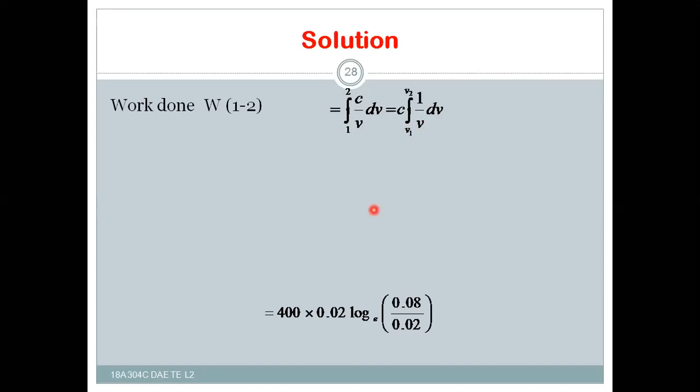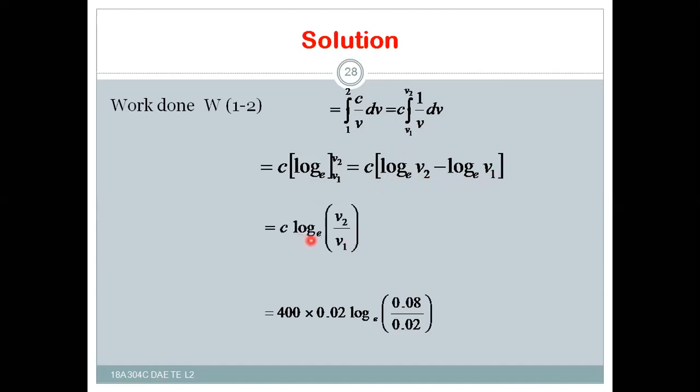That is, finally we will get C times log base e V2 minus log base e V1, that is C log base e V2 by V1, and then C is equal to either PV or P1 V1 or P2 V2, you can take any. So P1 V1 log base e V2 by V1. Finally, you got the formula for work done.